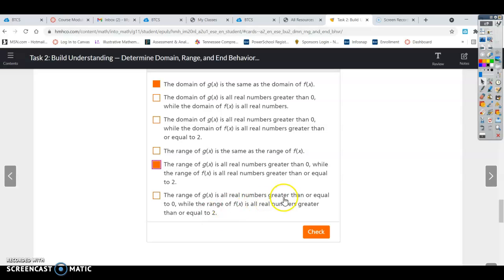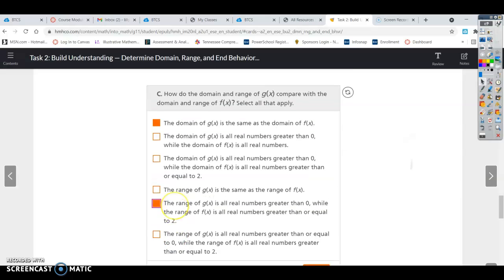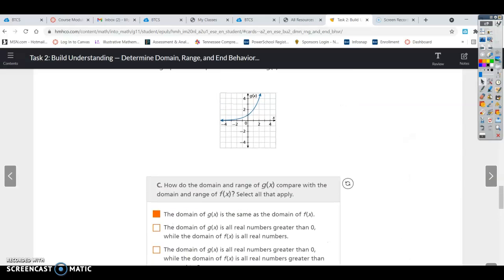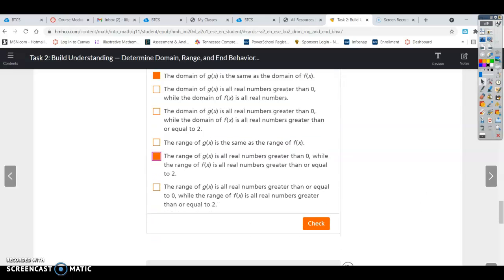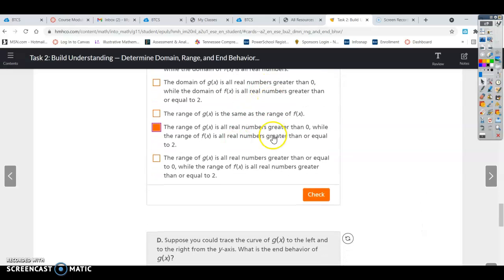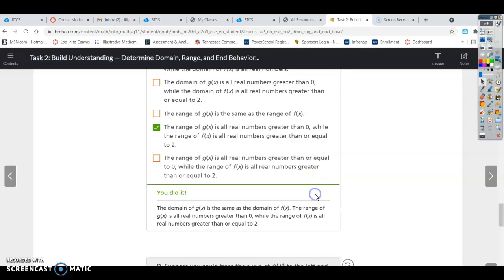Okay, so the only difference here is that it's greater than or equal to 0. And with an exponential function, it is approaching that value, but it never actually gets to 0. So with exponential, you can't have that as a 0. So we know that has to be just greater than 0 there.